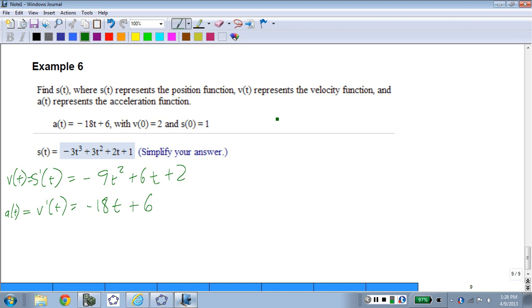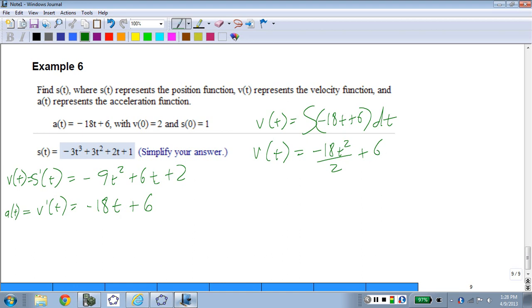So we start with a of t. V of t is going to be the integral of negative 18t plus 6 dt. So v of t is equal to negative 18t squared over 2 plus 6t plus some constant that we don't know, but we have enough information to find. Simplifying, v of t is negative 9t squared plus 6t plus c.